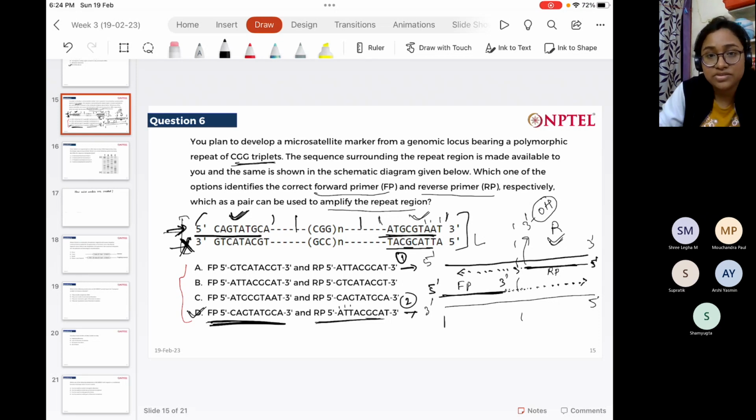Another term people use is template strand. Other than template, people use sense strand, then there is nonsense strand. Why these terms are used depends on the context, on the process.